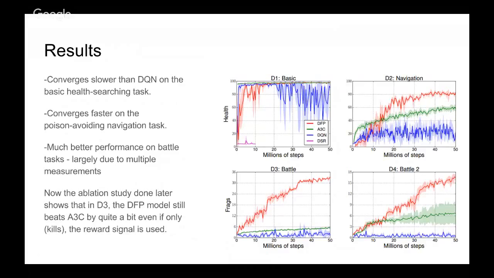Let's see. By the way, they call their model a DFP, or direct future prediction. On task one, it converges more slowly than A3C, but it basically gets to the same point eventually.